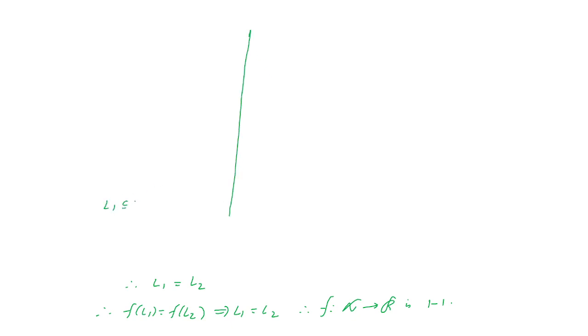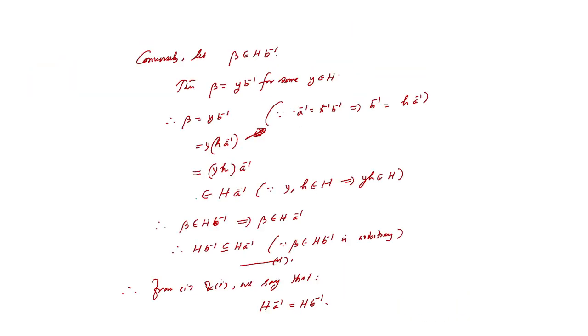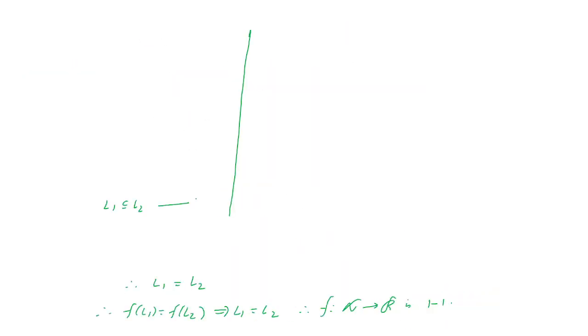We will show L1 is a subset of L2, that will be 3, and again we will show in the back calculation L2 is a subset of L1, this is 4, and therefore from 3 and 4 we conclude that L1 equals L2.